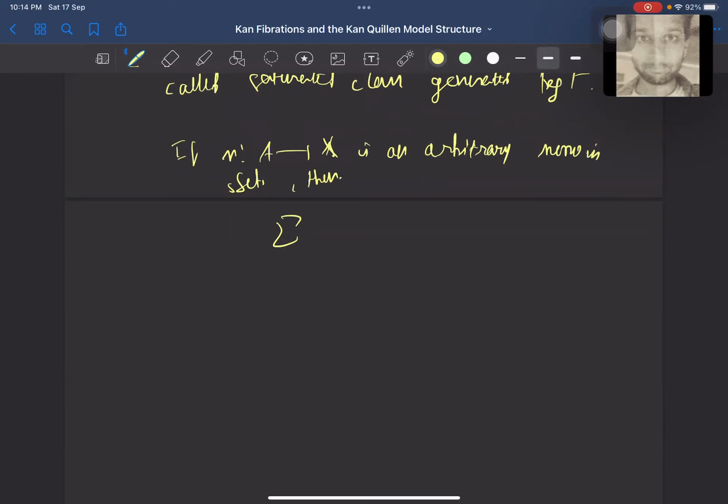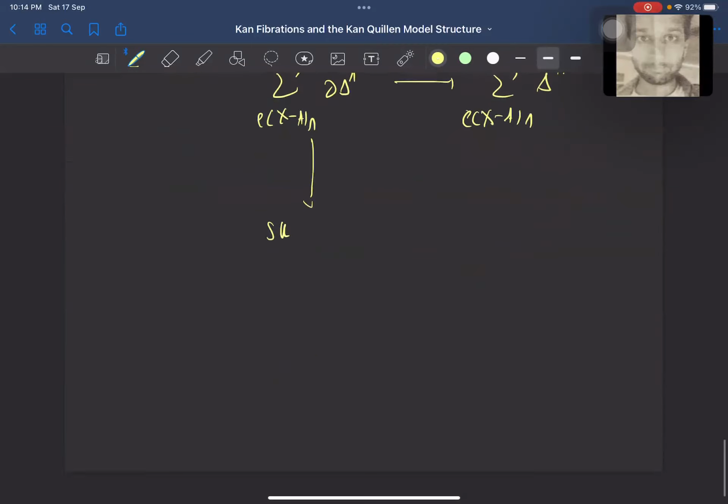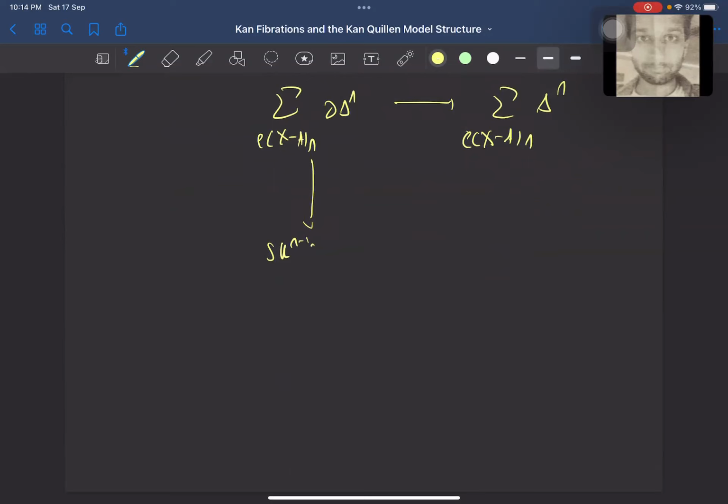I'll give a sketch of the proof. It's not that hard to see. I'll just give a hint and won't get into the details. So this is a push out for n greater than or equal to 0.